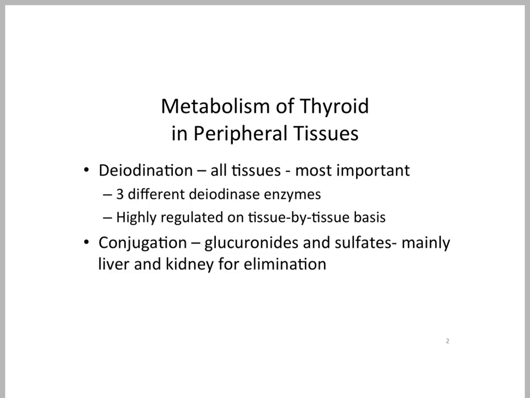And that allows each tissue, almost like a thermostat, to turn that room up or down based upon its metabolic functions. And then, to be complete, we need to think about conjugating mechanisms for thyroid hormone elimination. Usually these are glucuronides or sulfates, and these are the conjugates that are eliminated through the bile, the liver and the bile, or via the kidney.